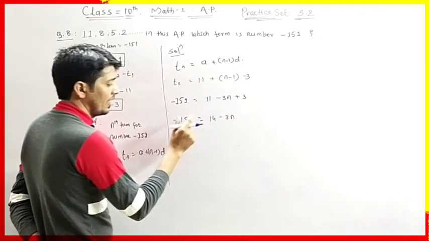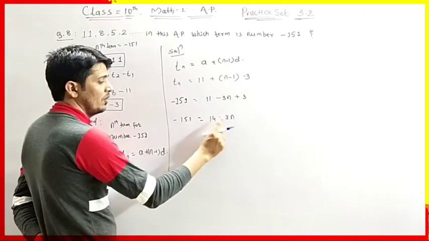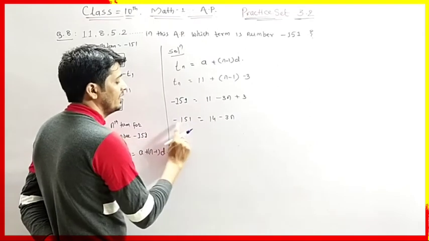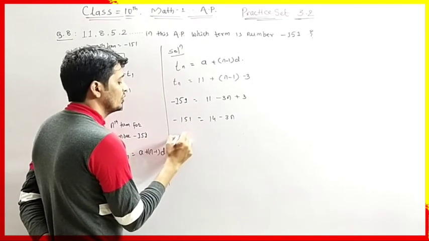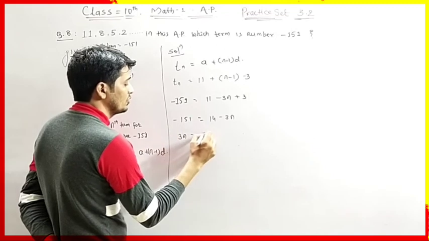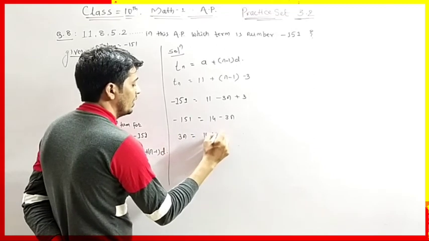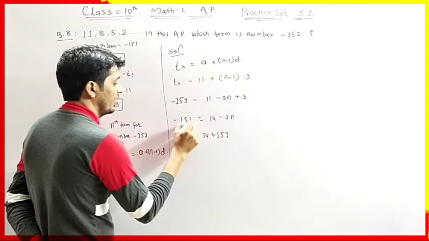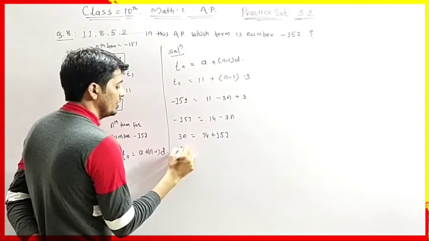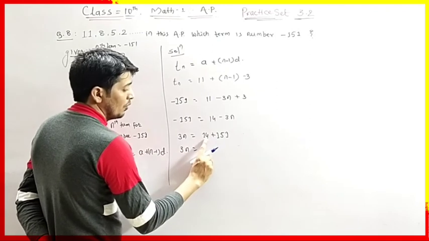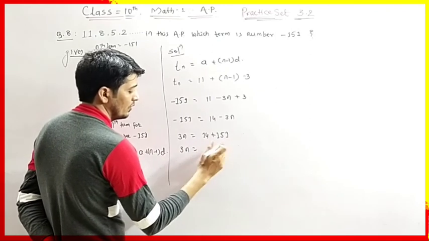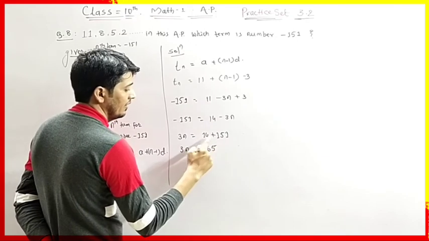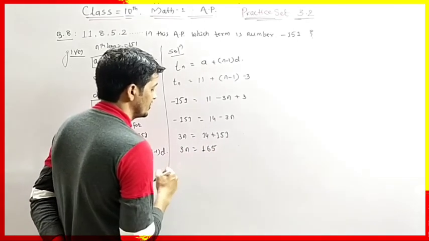So we will transfer 3n to this side, the negative will come in positive form, and 151 we will transfer to the other side, the negative will become positive. So 3n equals 14 plus 151. Okay, so 3n equals 165.